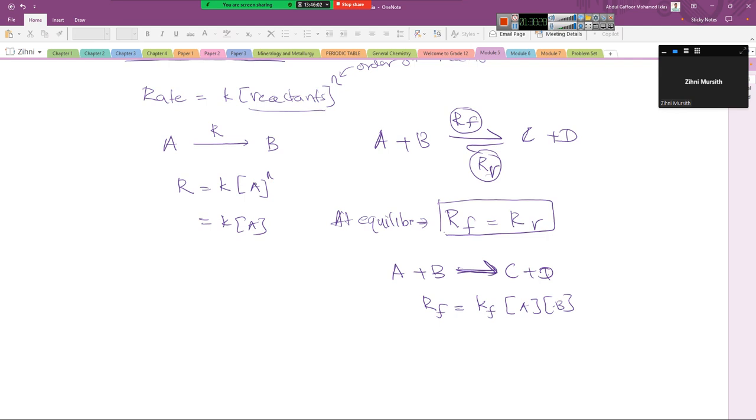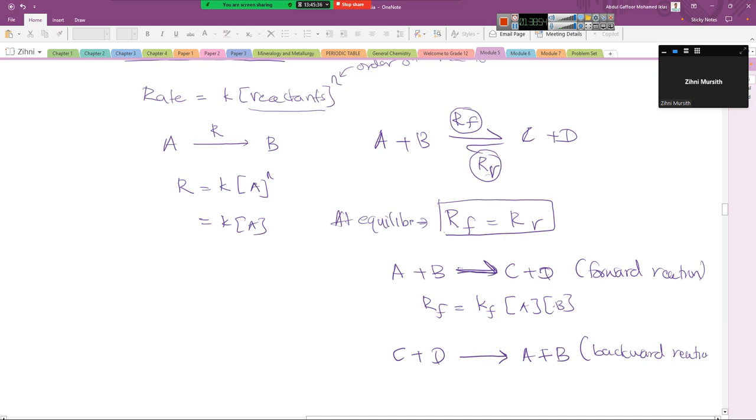Okay. Now if I consider the backward direction, what are the reactants in the backward direction? C plus D, right? C plus D give me A plus B, right? So this is the forward reaction and this is the backward reaction, right?